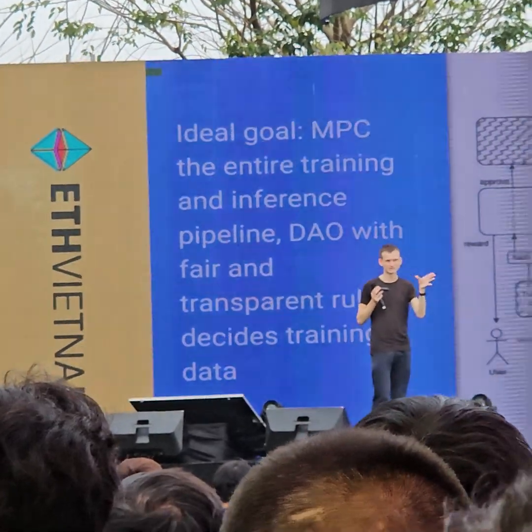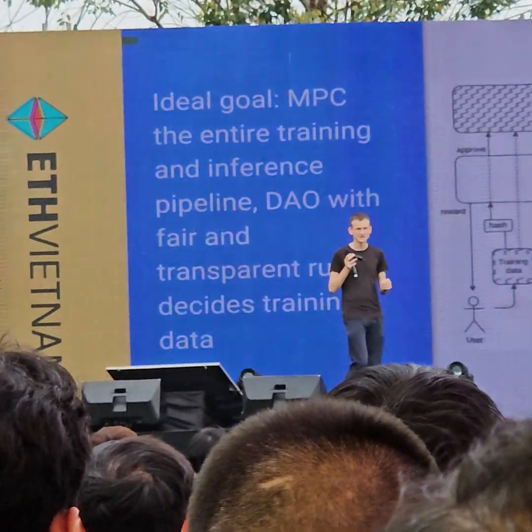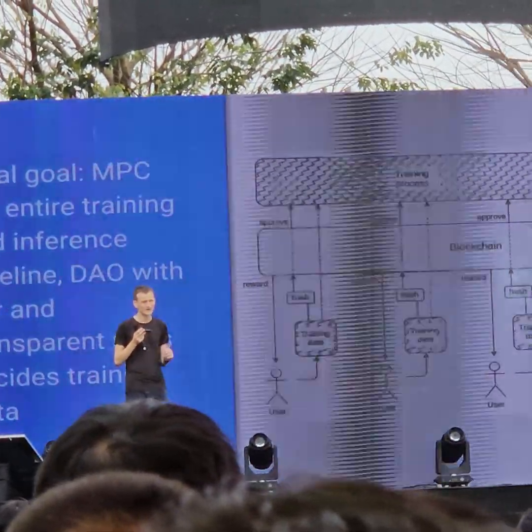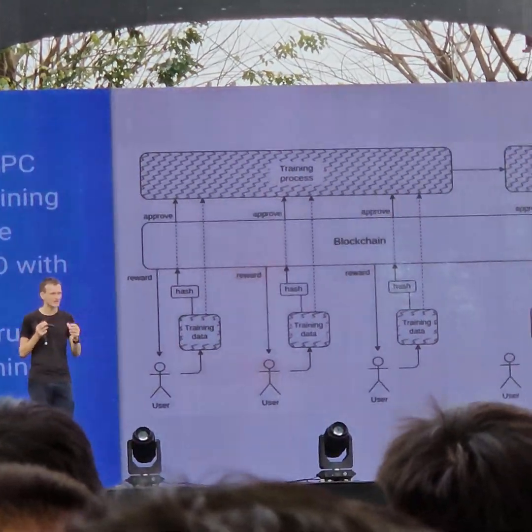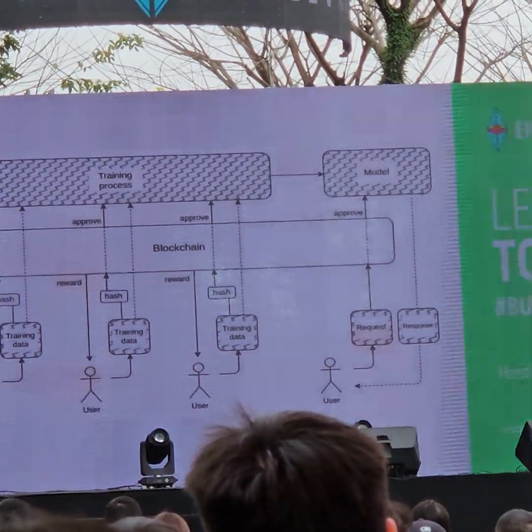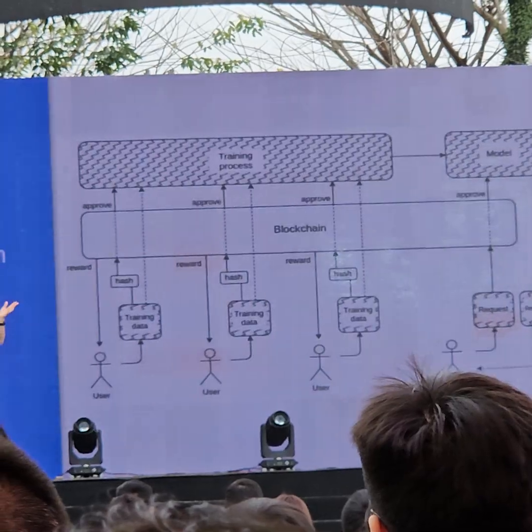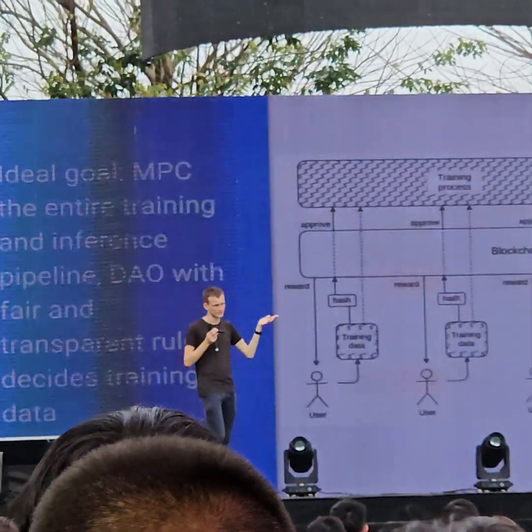No one can see the model, not even the creator, but because the integrity of the process for creating the model is guaranteed with a blockchain-based DAO and using cryptography, you can still have guarantees that this is something that's trustworthy.